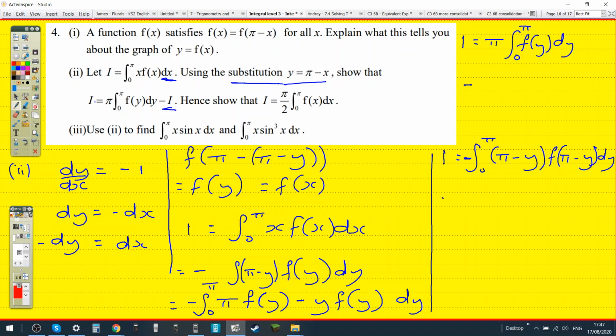This looks similar. Isn't that what you did? Yeah. But, no, maybe not. So that is pi f of pi minus y, and it's all with respect to y.